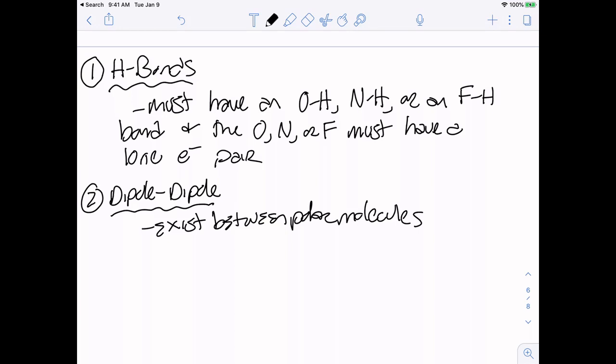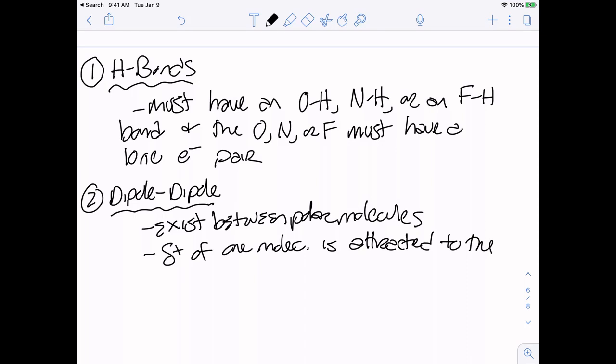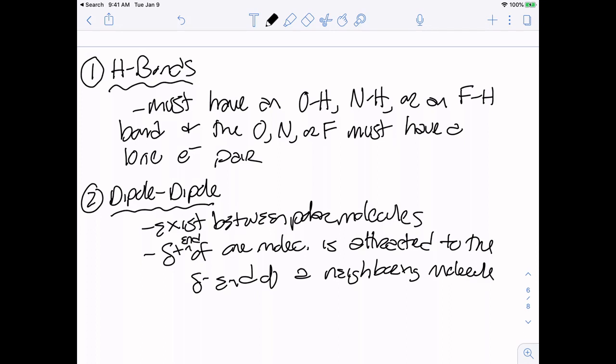That's where the partial positive end of one molecule is attracted to the partial negative end of a neighboring molecule. If it's not polar, you're not going to have partial positive and partial negative ends of the molecule.